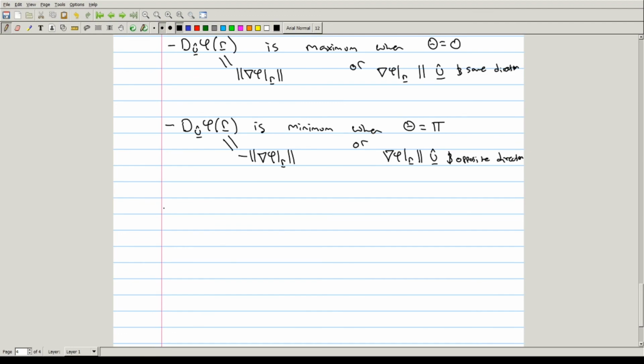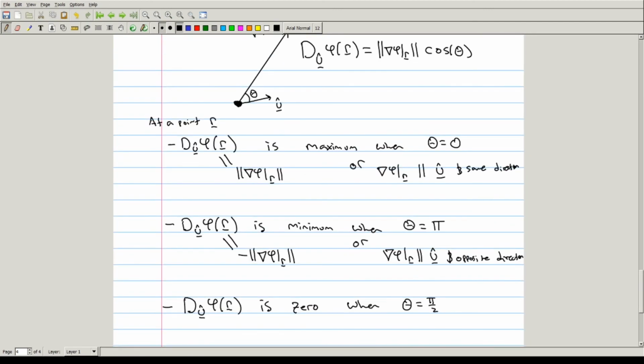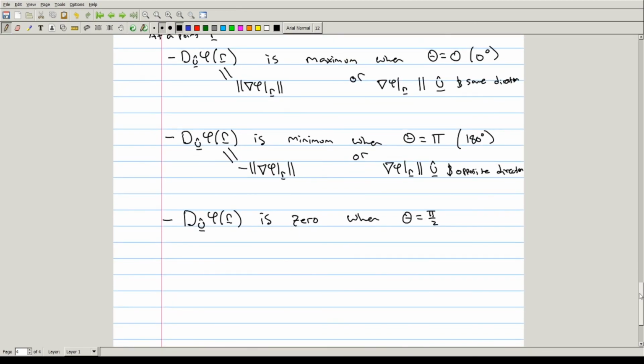And the third and final point here that we have is that the directional derivative in the direction u hat of the function phi at the point r is 0 when theta is equal to pi over 2. Remember that these angles correspond to degrees. 0 degrees, this is 180 degrees, and pi over 2 corresponds to 90 degrees.